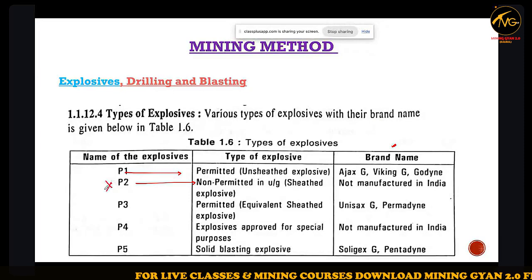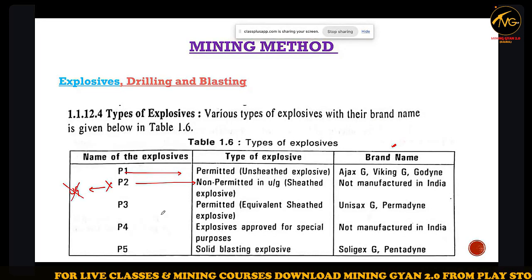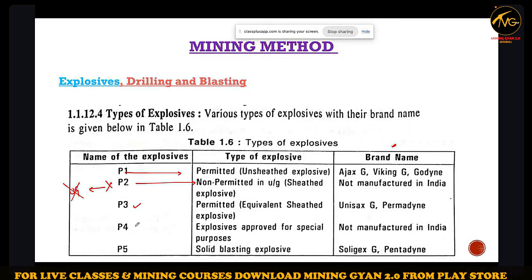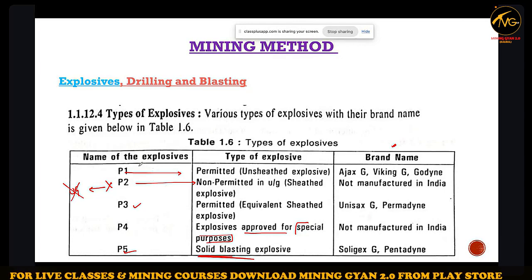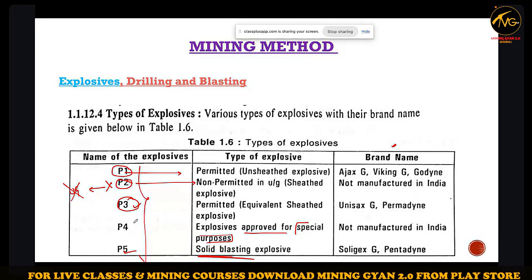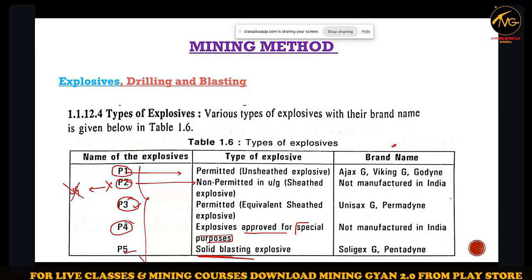So not permitted, that means we will not use in UG. Okay, P3 is permitted, P4 explosive approved, it needs special purpose, so need permissions. P5 is used in solid blasting explosion. ठीक है, so these basic things you should know कि P1 is permitted, P2 is not permitted, P3 is permitted, P4 is approved for special purpose, P5 used in solid blasting.